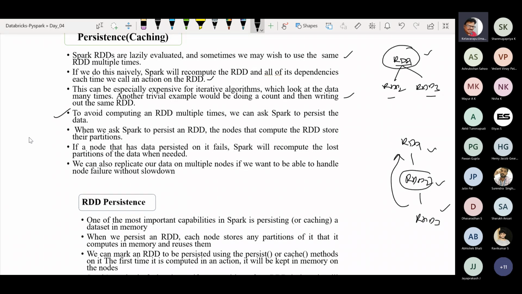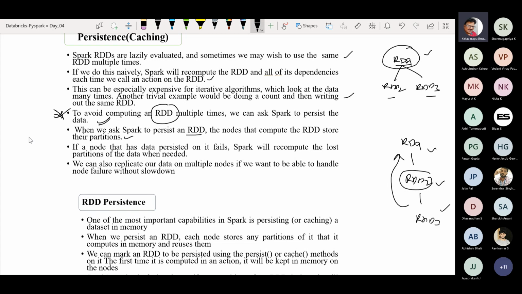So to avoid recomputing and to reuse the existing RDD, we can go with persist. That is the underlying assumption, guys, because it's not so simple that whenever I wish I can do persist. There is some analogy and basic evidence related to the persistence of the RDD. One simple and direct point: to avoid computing multiple times, we can ask Spark to persist the data. When we ask Spark to persist the RDD, the nodes that compute the RDD store their partitions.